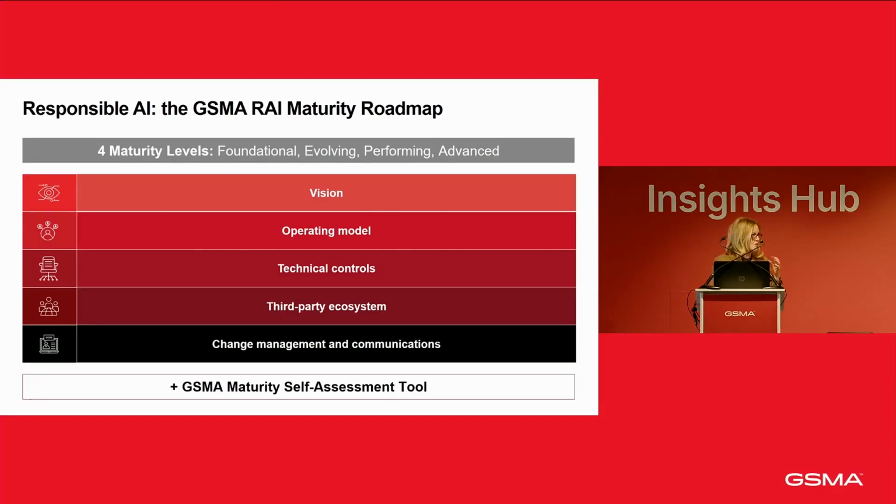When we can embed these principles into our systems and organisations, we can reduce risk and create better outcomes. So our maturity roadmap was designed to do exactly this. It's a framework that enables organisations, not just telecommunications operators but organisations across the ecosystem, to move from good intentions to actually being able to articulate it.